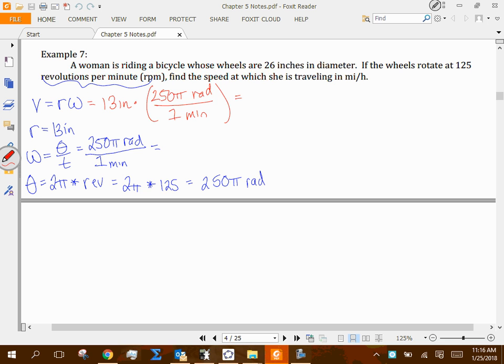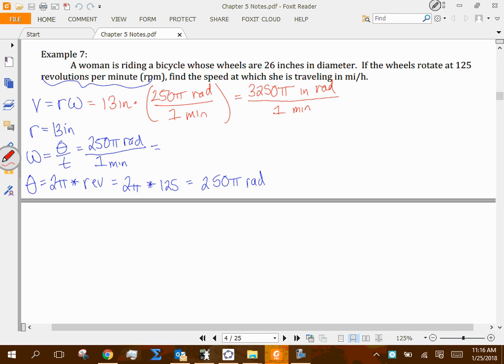Multiply that out. 250 times 13 gives me 3250. So you get 3250 pi inches are the unit up top. I've also got radians there, so I'll write that down, but we'll talk about it in a moment. And on the bottom, I've just got 1 minute, correct?